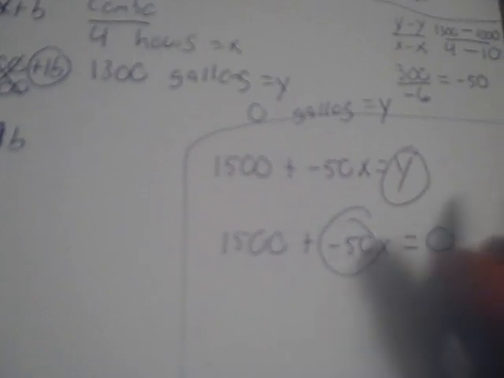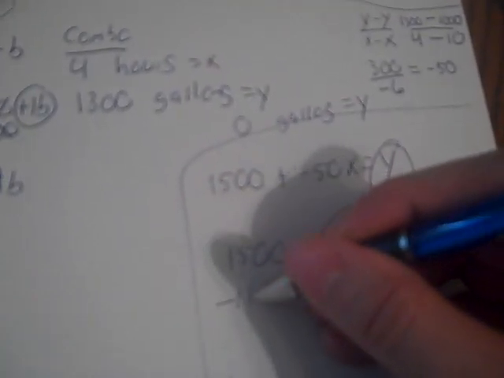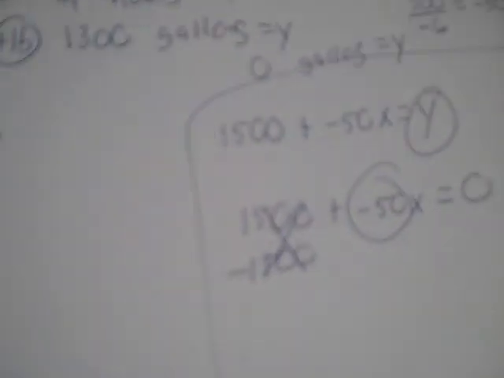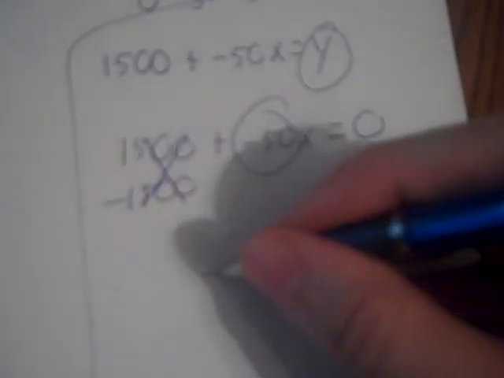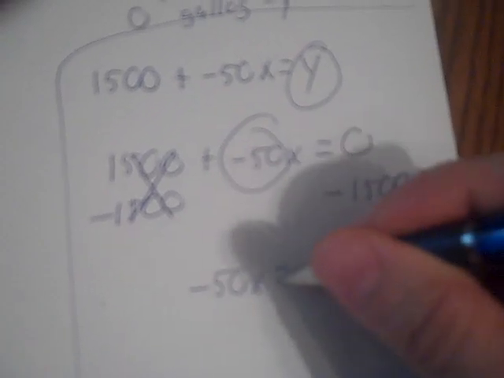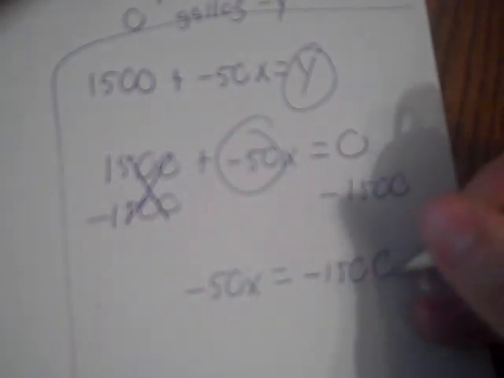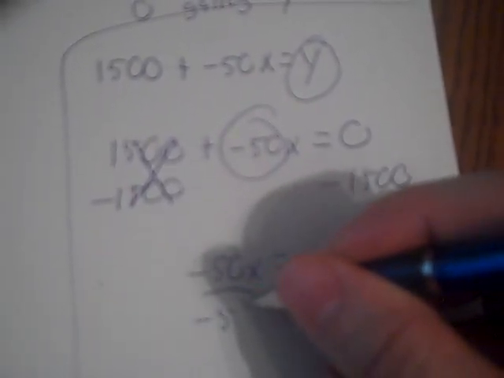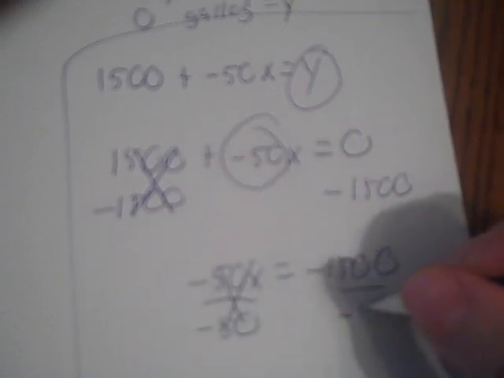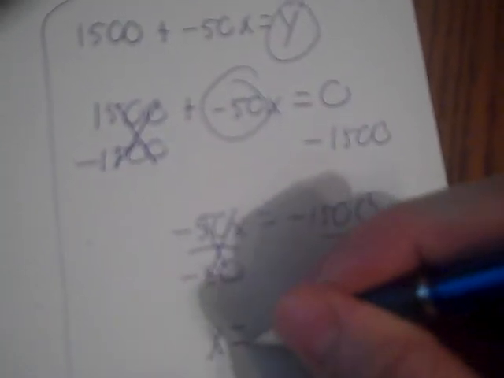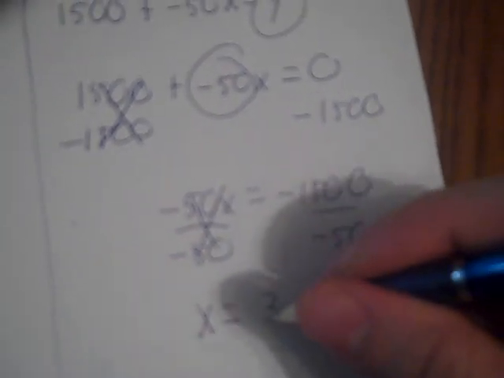Okay, time to solve for that x. You got to undo the 1500. So negative 50x equals negative 1500, and then we're going to divide. And that is going to be 30. So 30 hours.